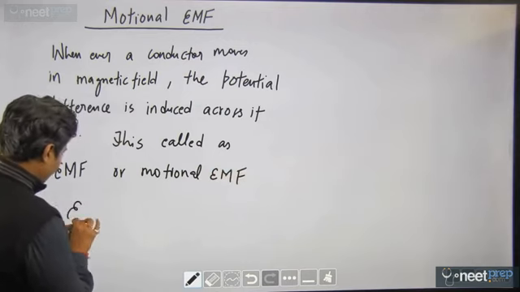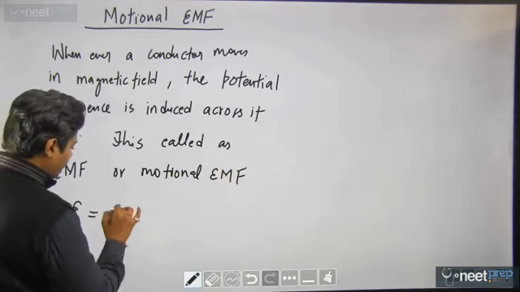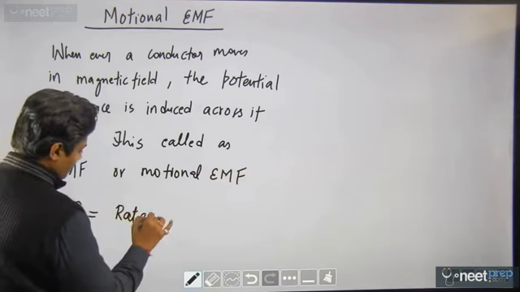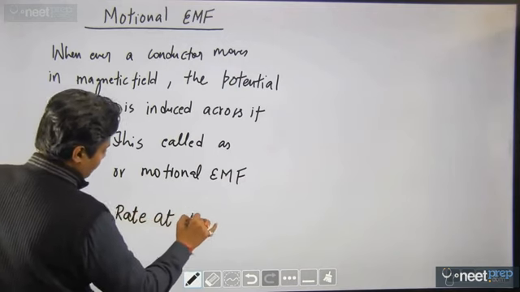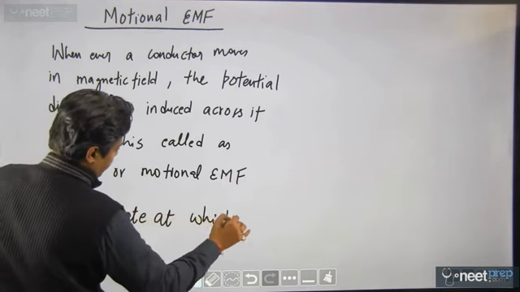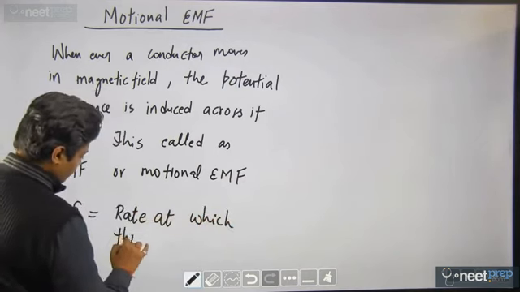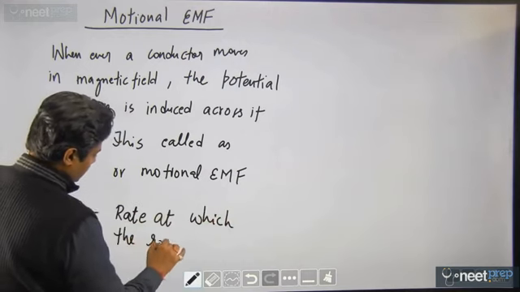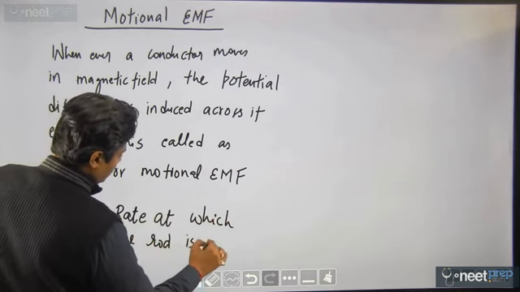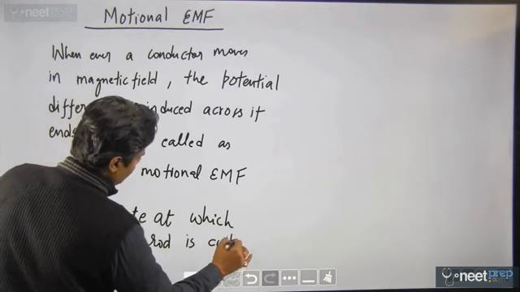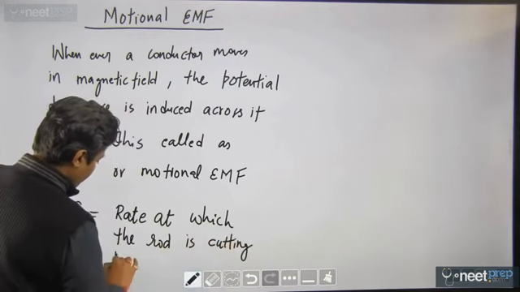The value of this EMF is the rate at which the rod is cutting or crossing magnetic field lines.